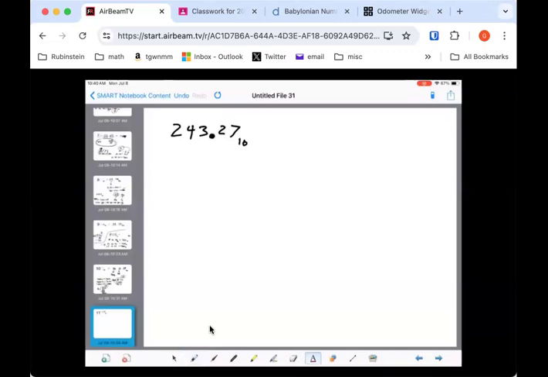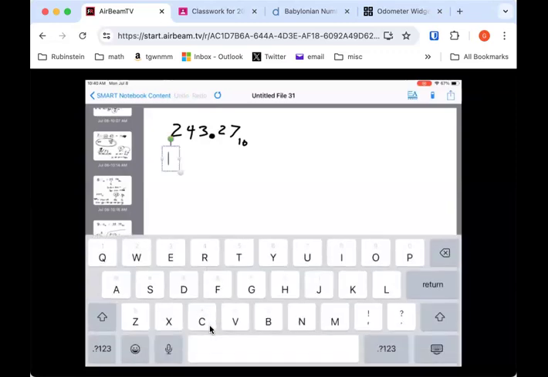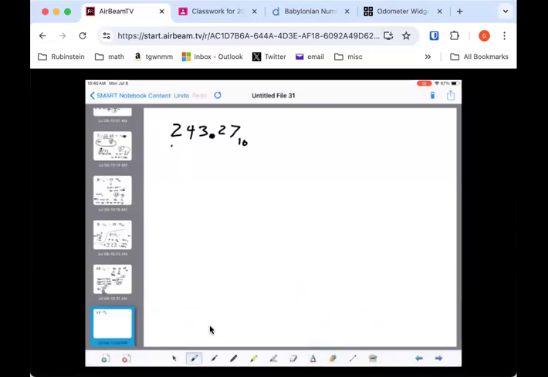You know it's not base 60 because base 60 has these groups of 2-digit numbers. So this is the hundreds place, this is the tens place, and this is the ones place.